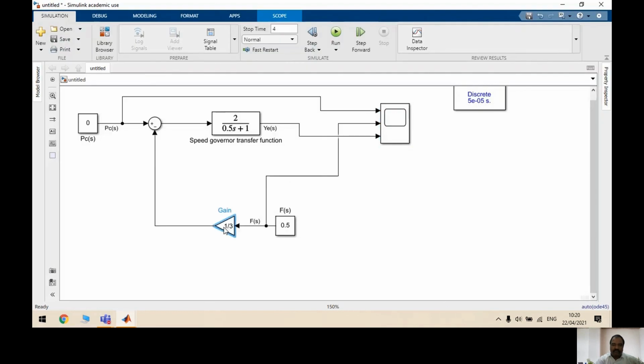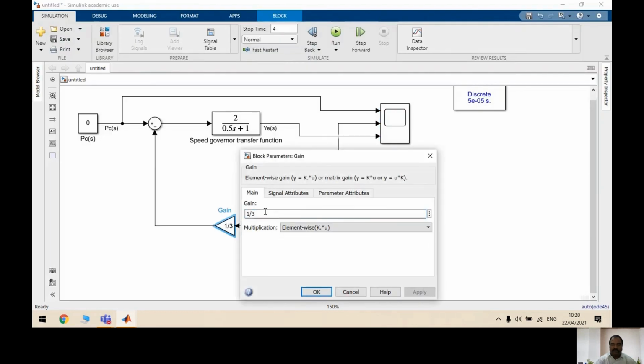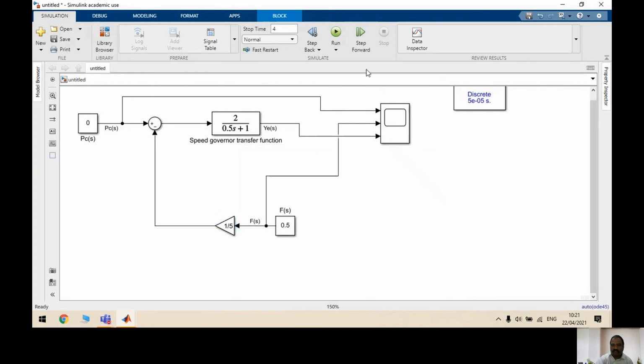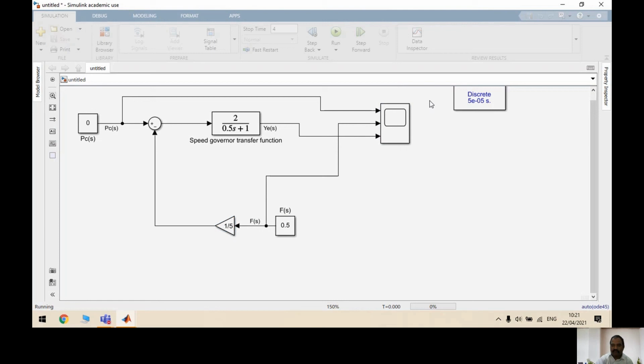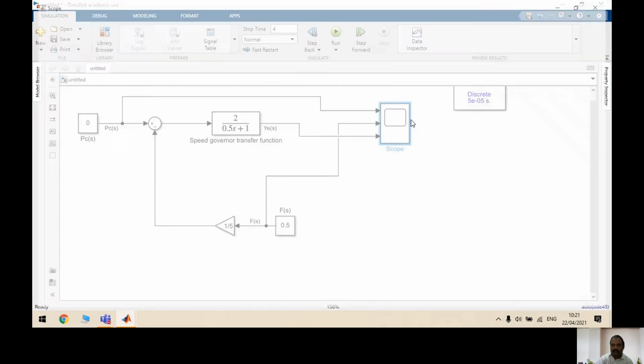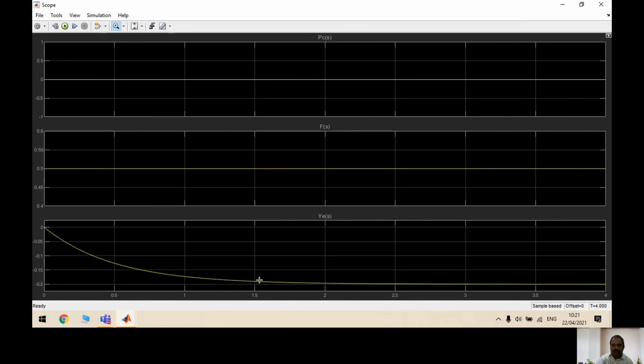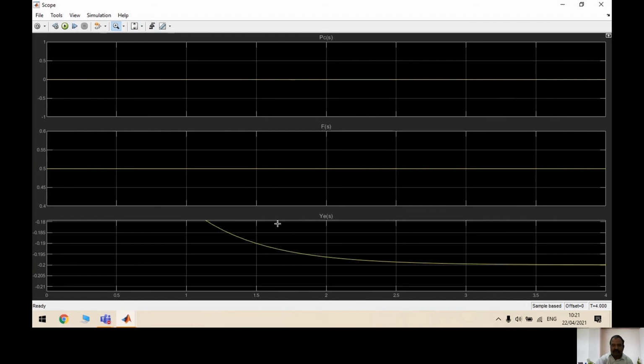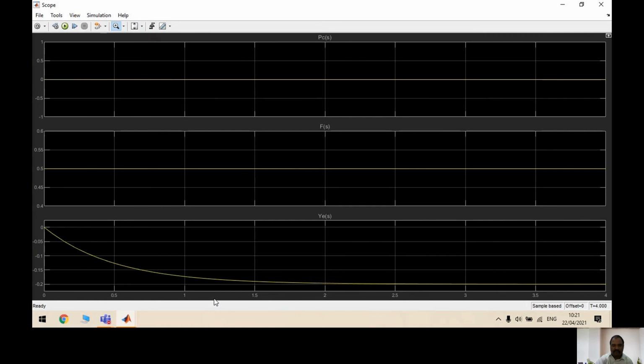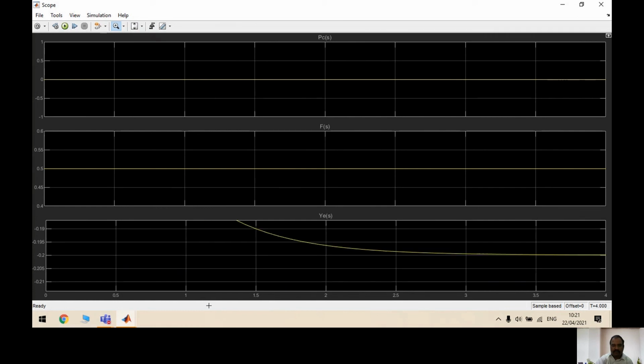Now let's see if I vary this speed regulation. I'm going to vary this to 5. Let's see if it has an impact on the outputs. Now if you carefully see, it is settling well before 2 seconds. And see the final value also, it is somewhere around 0.2.